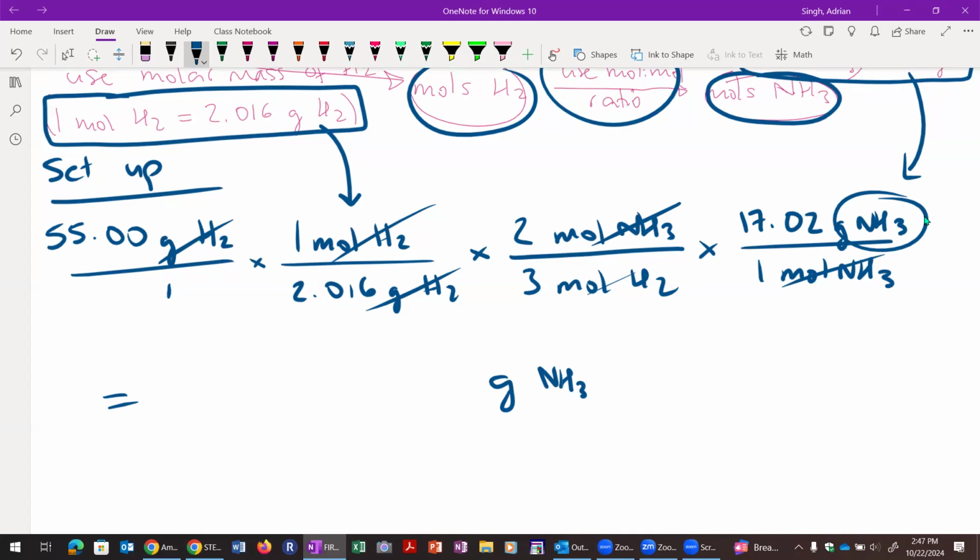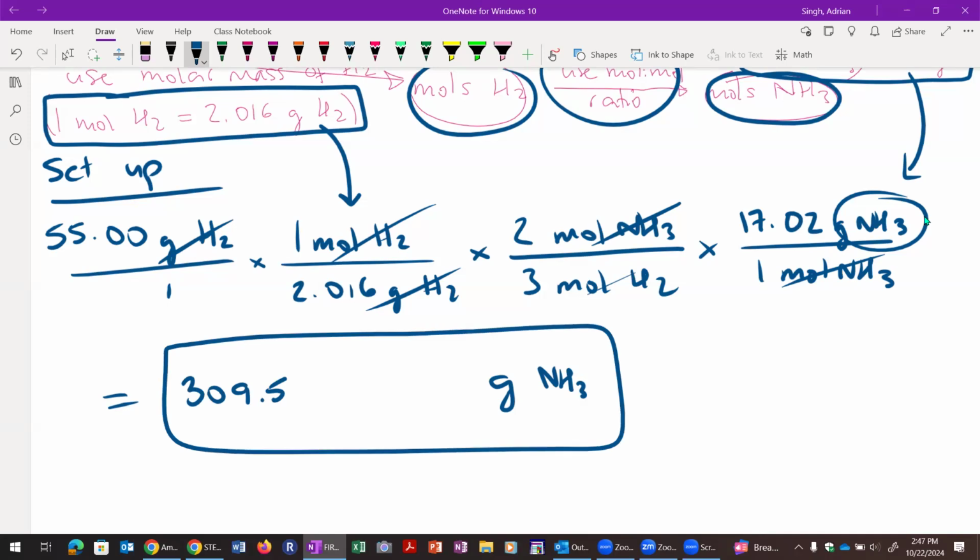So we calculate: 55 divided by 2.016, then times 2, divided by 3, and then times 17.02, and that's going to give us 309. How many sig figs do we have? 4 sig figs, so 309.5 grams of ammonia.